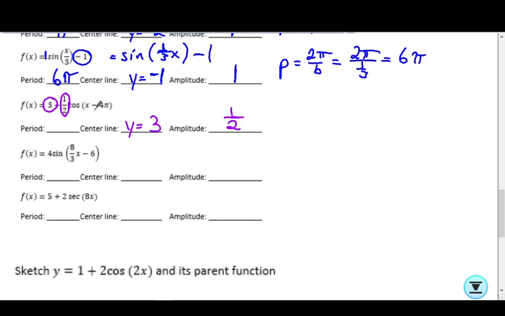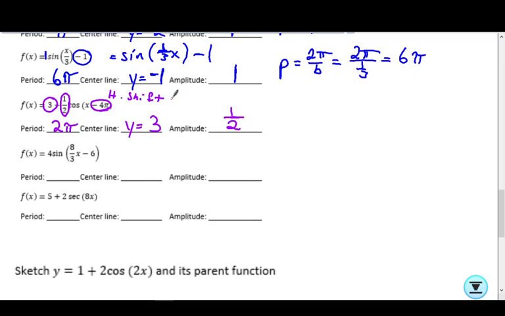No. This right here is my horizontal shift. So there is no change in period, which means my period is still just 2 pi. So this is a horizontal shift, not a change in period.